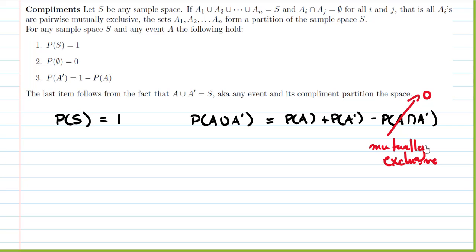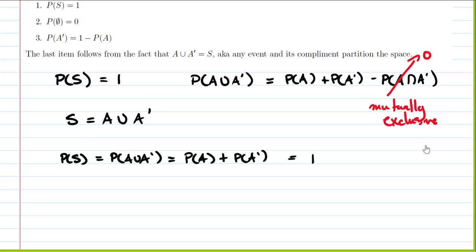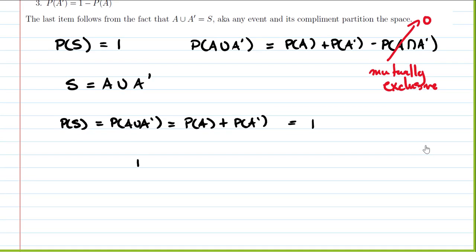But since A and A complement form a partition of the space, S is equal to A union A complement. So then we have the probability of S has to equal the probability of A union A complement, which is the probability of A plus the probability of A complement, but the probability of S is 1. So we get the equation, the probability of A plus the probability of not A has to be 1.